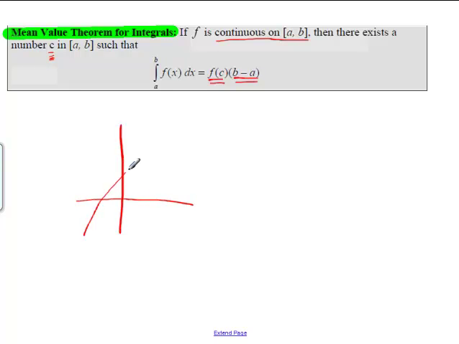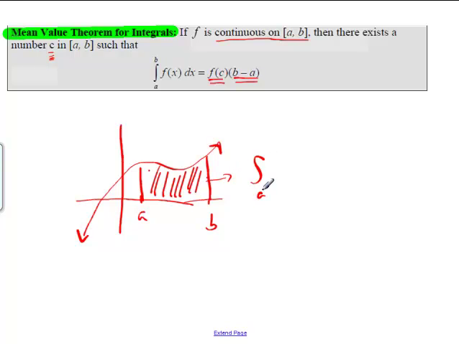Let's say we've got some curve that looks like this, and here's a, and here's b over here. The area that I just drew is the integral from a to b of f of x dx. And what we were saying before is that there's some average value of that function. This is our average value.